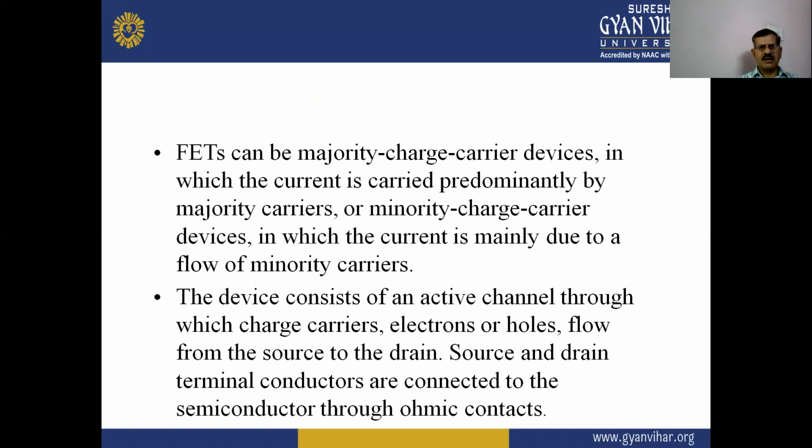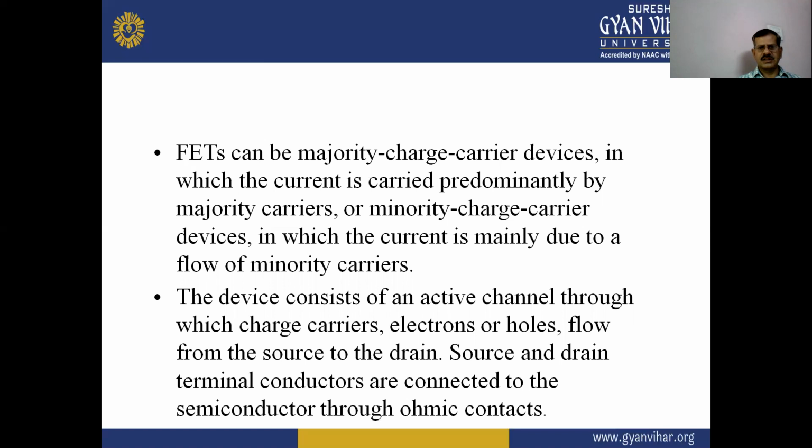So a FET can be a majority charge carrier device, in which the current is carried predominantly by majority carriers, or a minority charge carrier device, in which the current is mainly due to the flow of minority carriers.